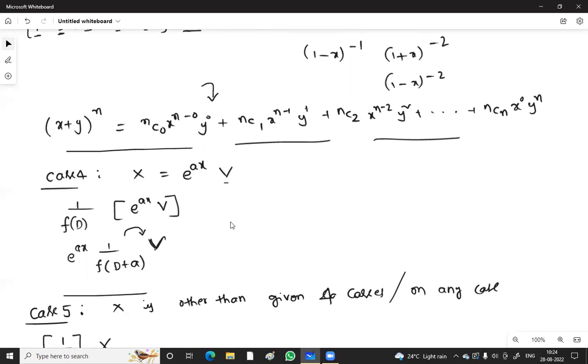But one thing you remember here: in the particular integral case, you are operating on the externally given input with the inverse differentiation, nothing but the integral operator 1 over f of D. So based on the input, we have seen different cases. In the next video, we will see some proofs, how we are writing these things, and then we will see an example. Thank you all for watching this video.